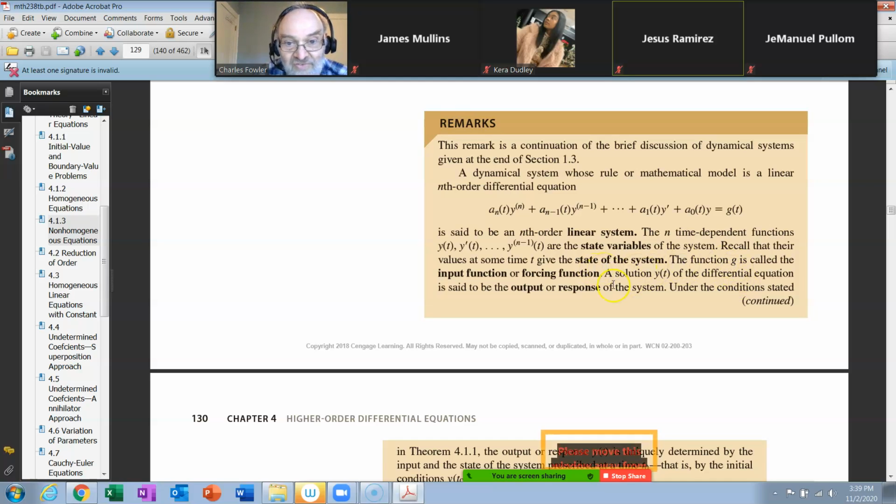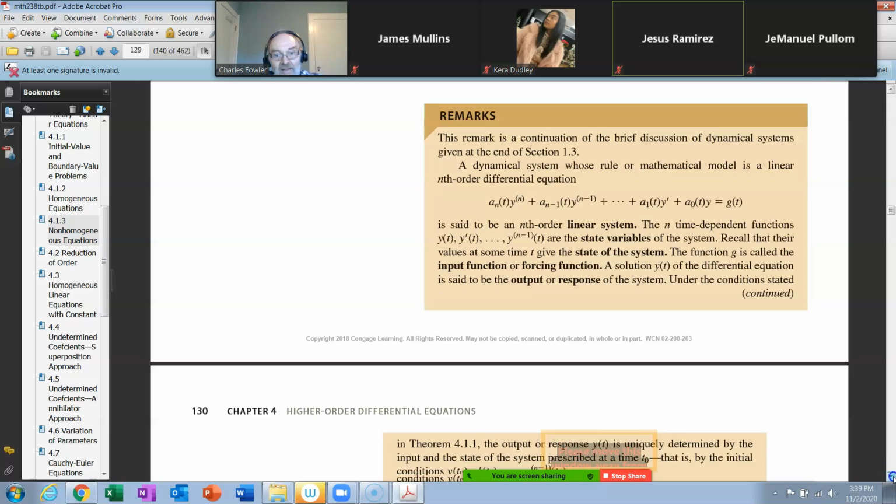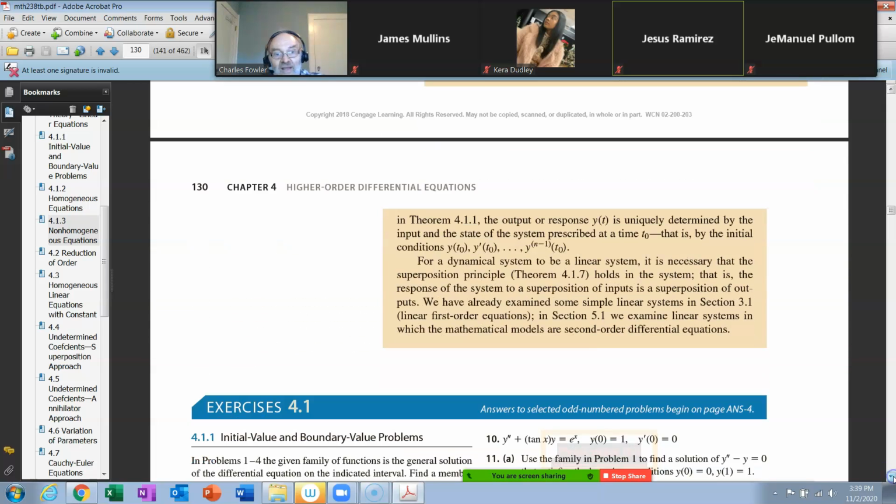The function g is called the input function, the thing over here to the right, or the forcing function. The y of t of the differential equations is said to be the output or response of the system. Those are your solutions there, the y's. I don't think I'll go through much more there. Just wanted to point out those terms.